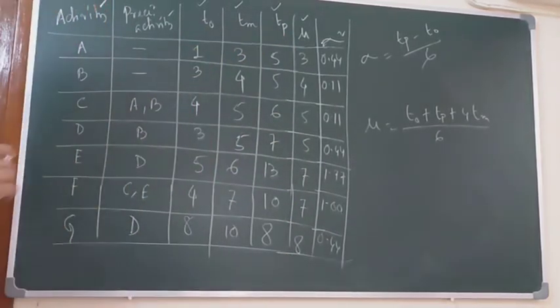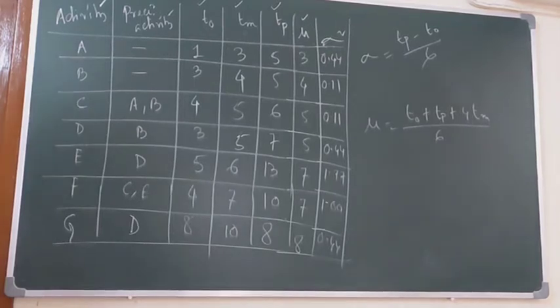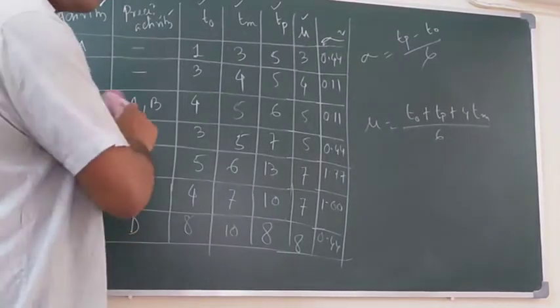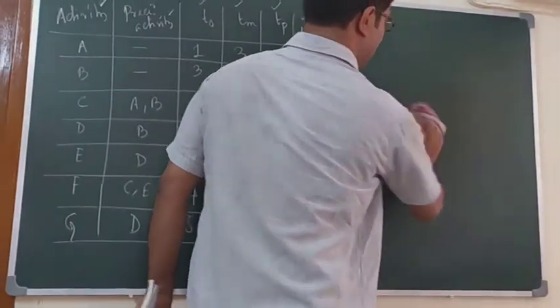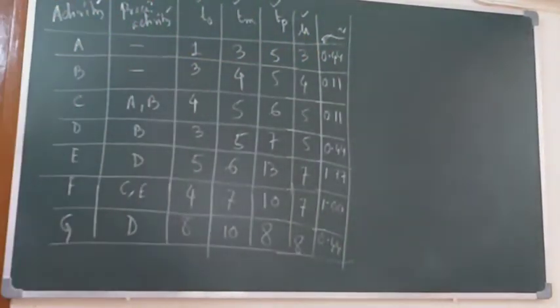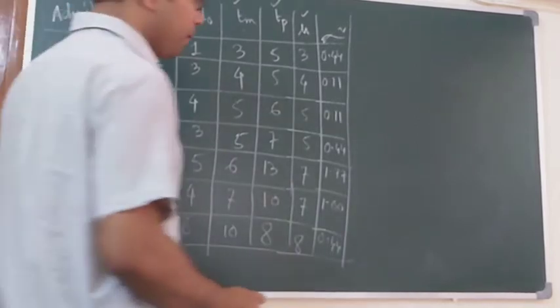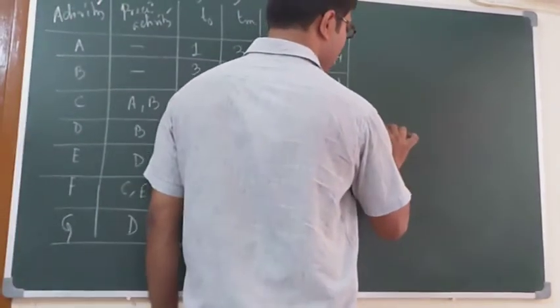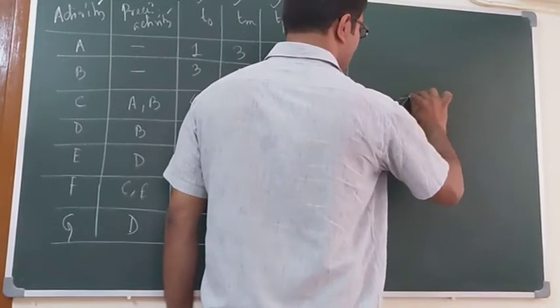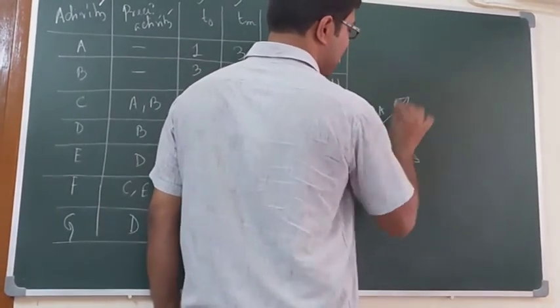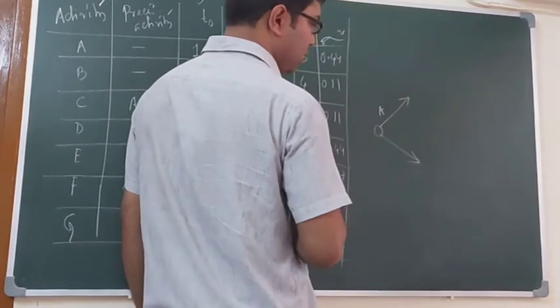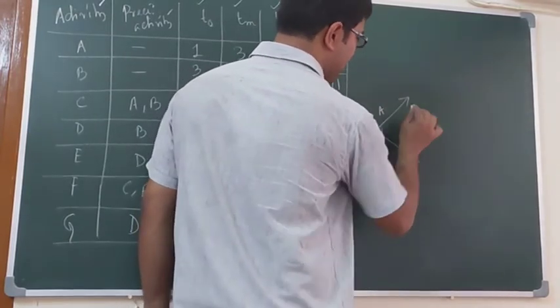So our first task is to construct the network from this given project. A and B are the mother activities. So A is this activity and B is this activity.